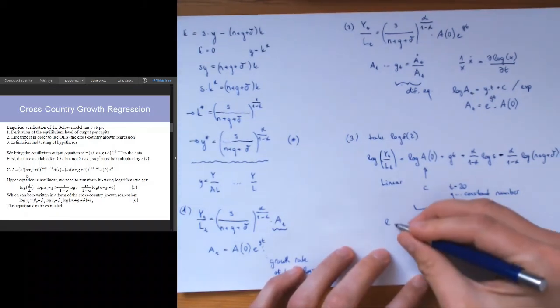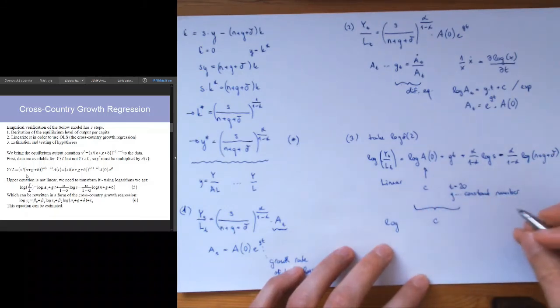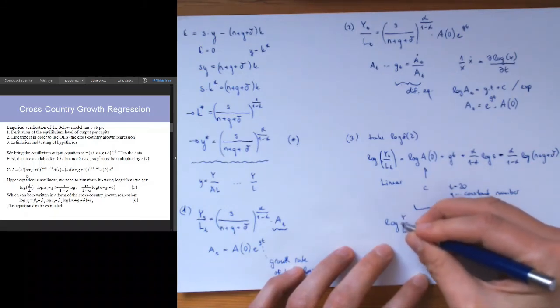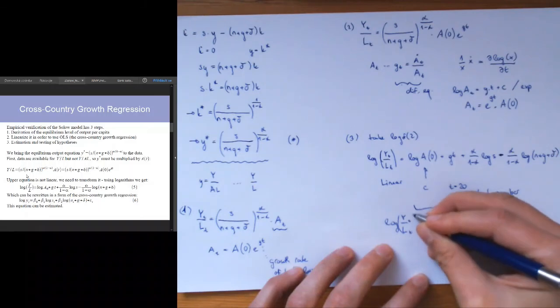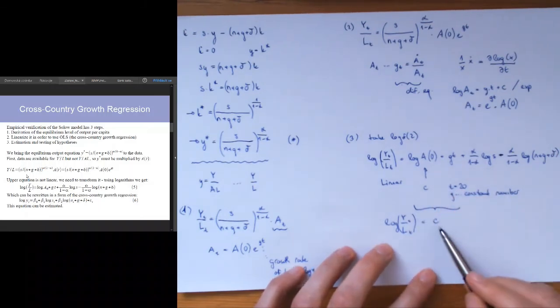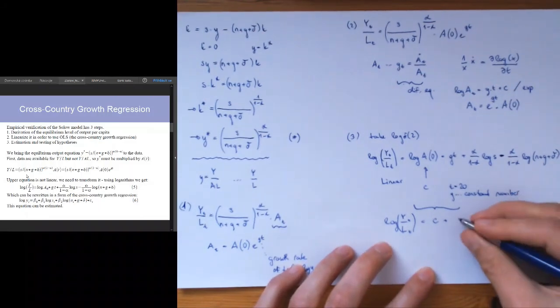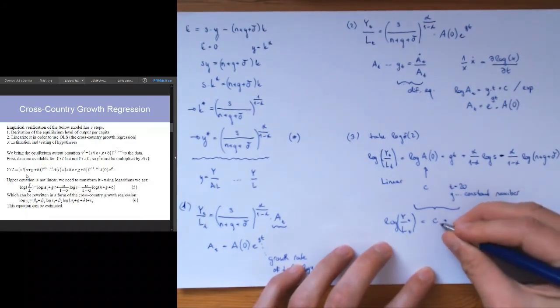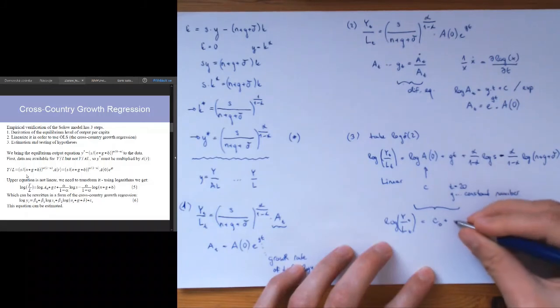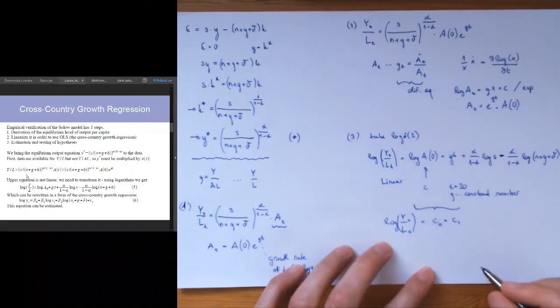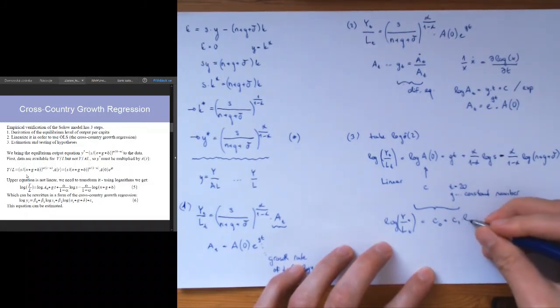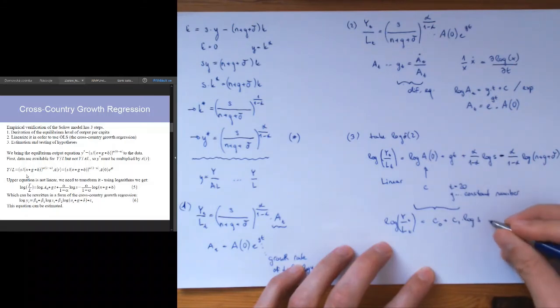On the left-hand side, our dependent variable would be the logarithm of output per capita. On the right-hand side will be a constant, let's denote it c0, plus the first coefficient c1 times the logarithm of the savings rate, plus c2 times the logarithm of n plus g plus delta.